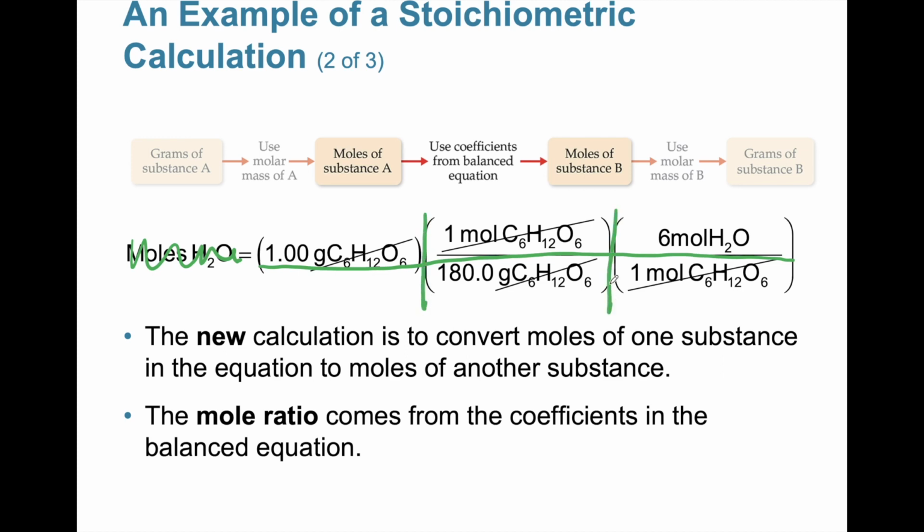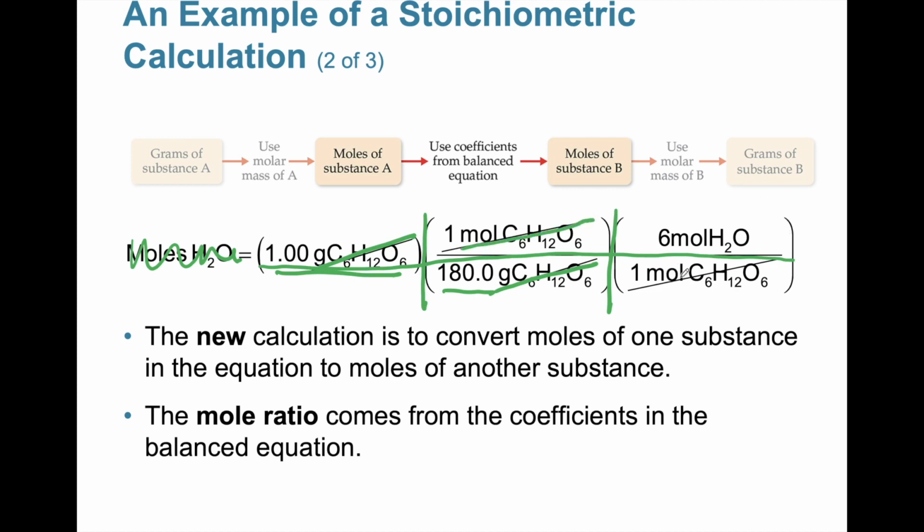Here we started with 1 gram of glucose, and we want to cancel out grams of glucose, so that's why we use the molar mass of glucose right there, to cancel it out. For every 1 mole of glucose, we have 180 grams of glucose. And now we have moles of glucose. But now we want to cancel out moles of glucose, because we want to go from moles of glucose to moles of water.